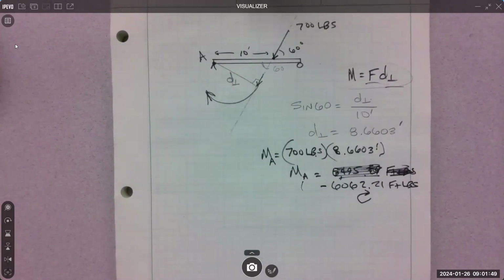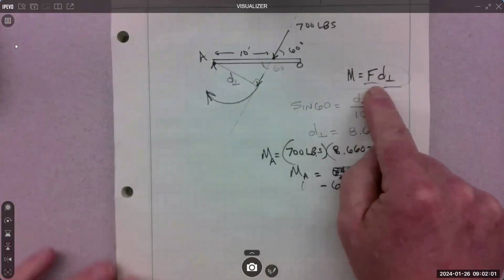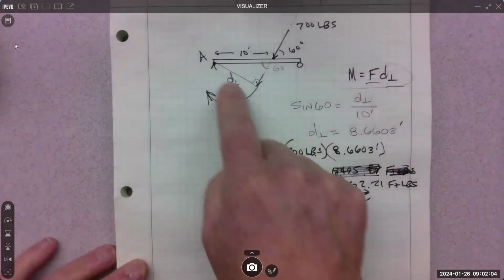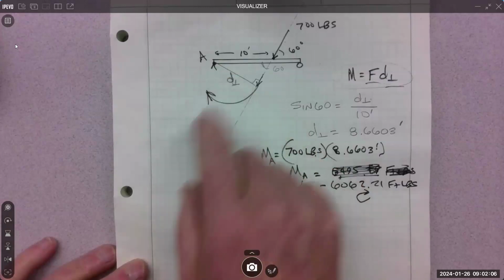So Varignon, this theorist, came up with the theory that there are other ways to do moments. You can do moments this way by the formula directly, but you have to be very careful with the perpendicular distance.